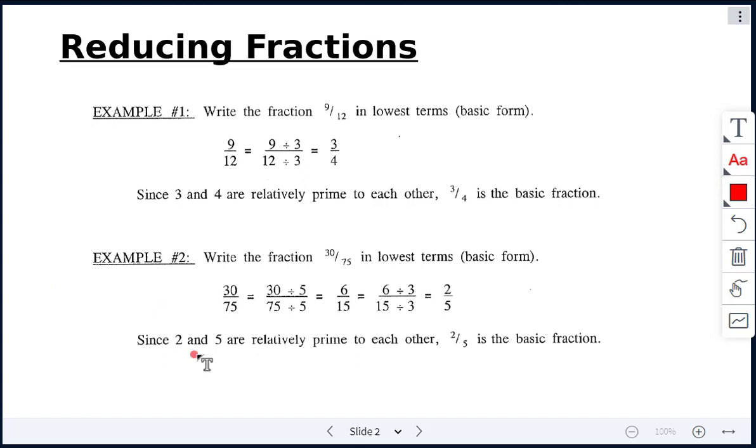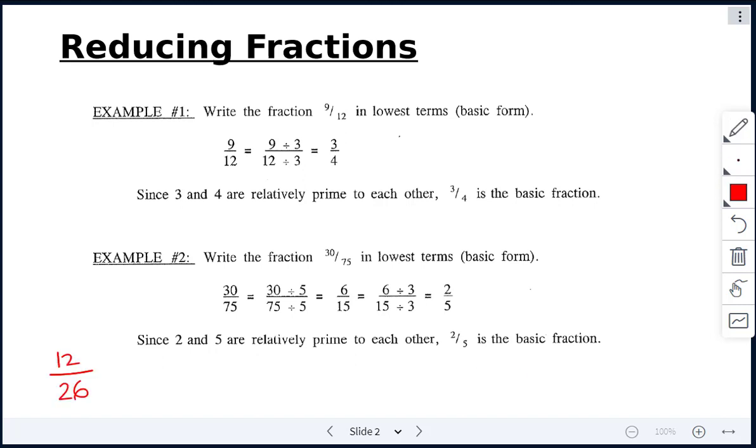So here, both the numerator and the denominator were both divided by 5 to give us 6 over 15. 6 over 15 is still not in the most lowest terms, so we have to divide again. 6 and 15 are both divisible by 3 again, so divide by 3, both the numerator and the denominator, and then we end up with our most basic term or basic form, which is 2 over 5.